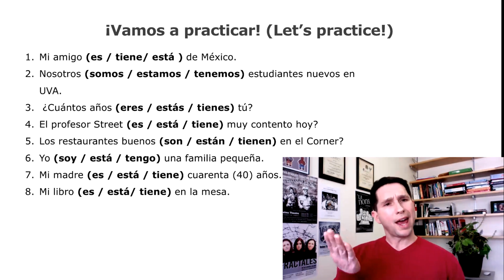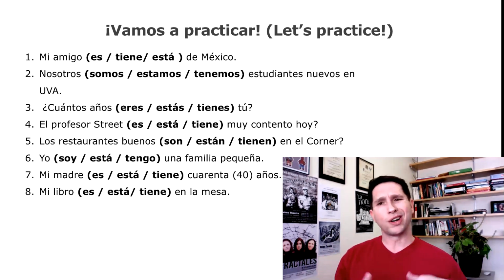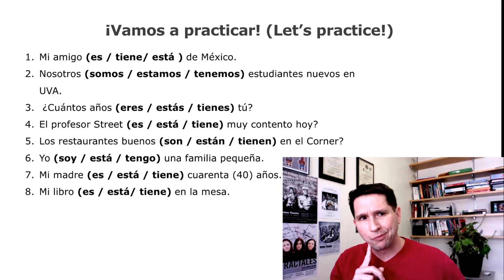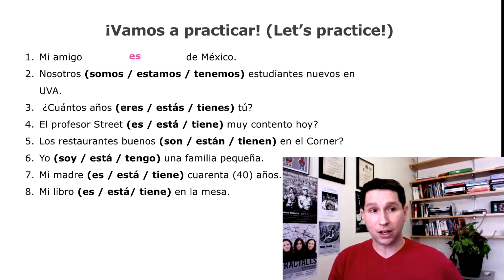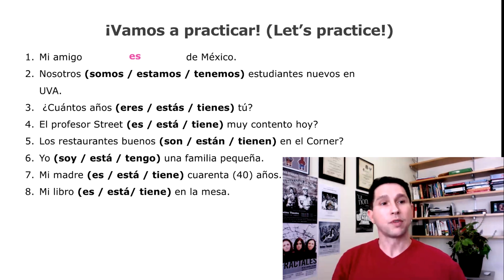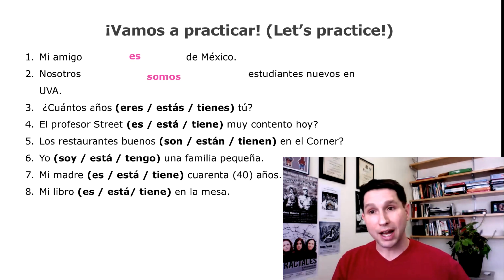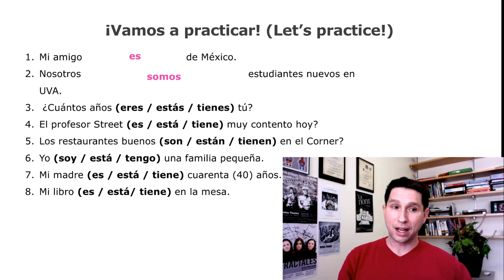Número 1. Mi amigo es, tiene o está de México. Bien, mi amigo es de México. Número 2. Nosotros somos, estamos, tenemos estudiantes nuevos en UVA. Nosotros somos estudiantes nuevos en UVA.